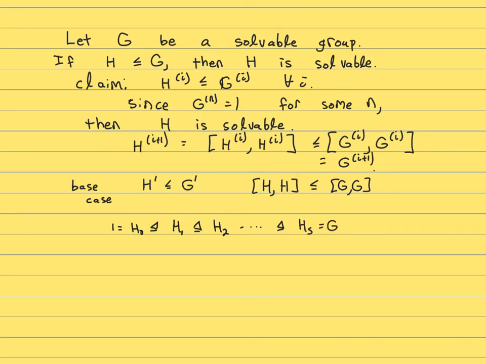If I remember correctly, you have to intersect each of the terms with H and prove that the resulting series is still a normal series, which you can do using one of the diamond isomorphism theorems. The harder part is proving that the resulting quotients are also abelian. It can be done, but you can see that all of a sudden you have to use a bunch of isomorphism theorems, whereas this proof just uses induction.